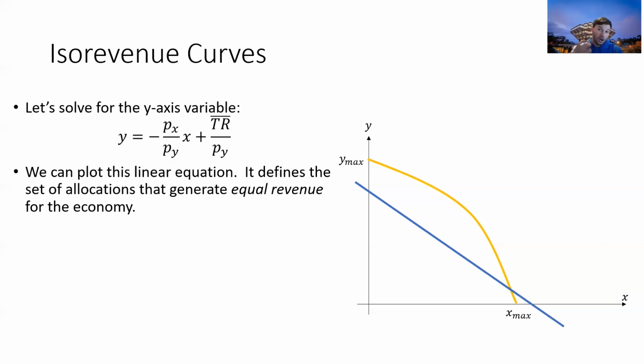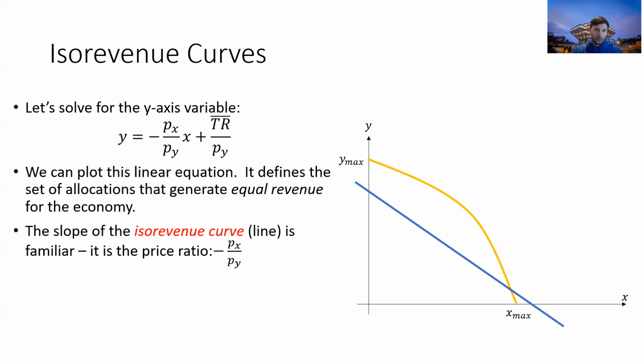We've had iso cost lines before. We talked about iso profit lines before, iso profit curves. This is an iso revenue curve. Any two allocations on this curve yield equal revenue in total across the producers, across these sectors. And the slope of that thing is negative PX over PY.